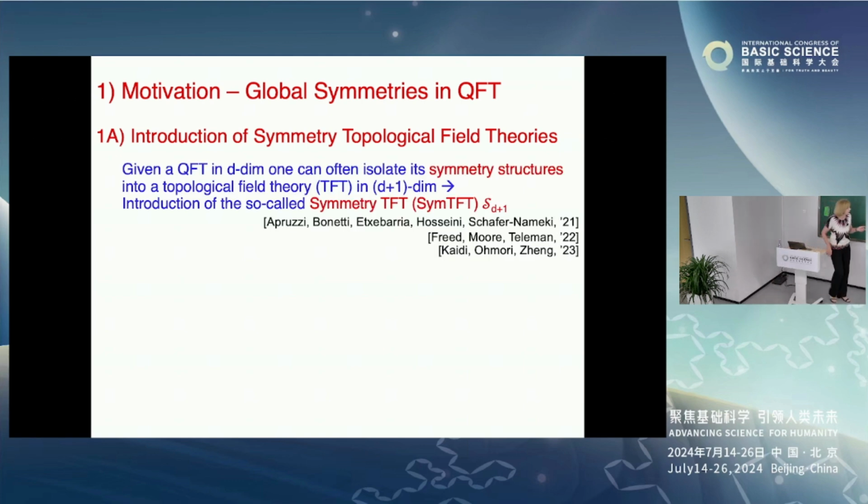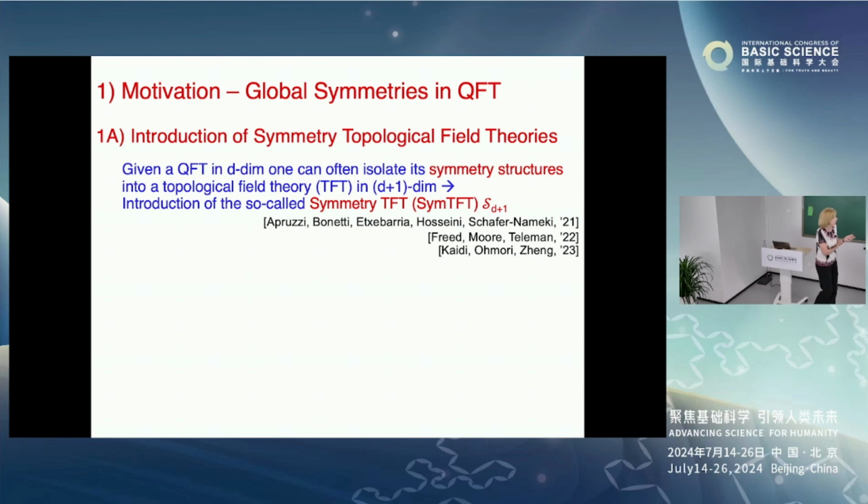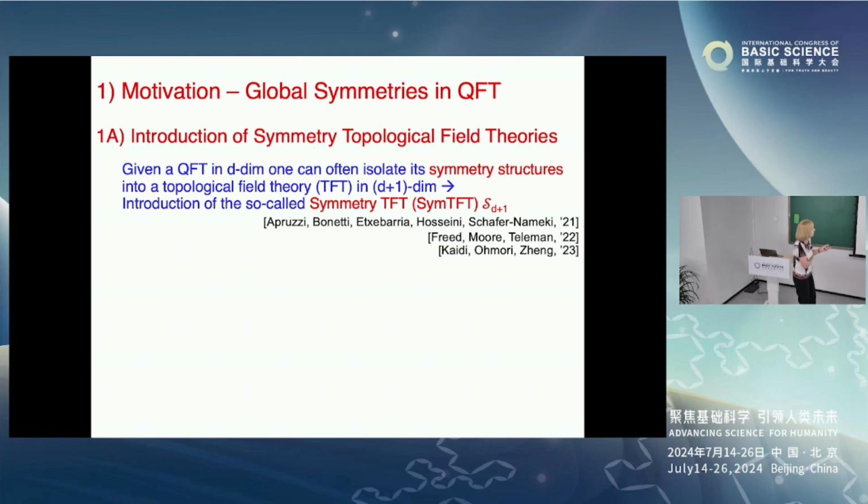The idea is that we start with a given quantum field theory, say in D dimensions, and when we try to study its symmetry structures, we can often isolate the symmetry structures in a topological field theory in one dimension higher. This led to the introduction of so-called symmetry topological field theories.